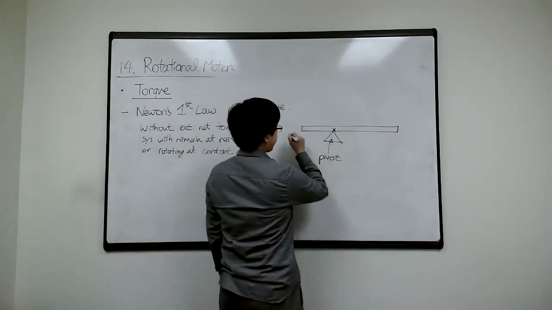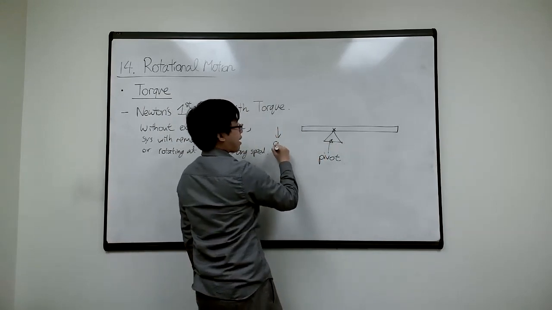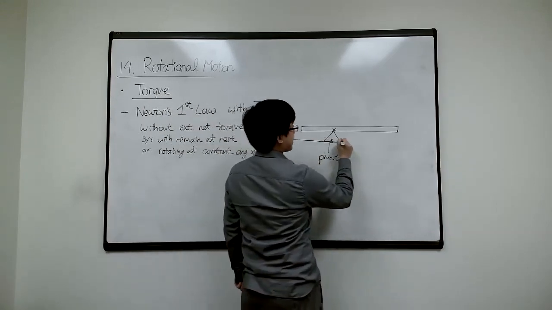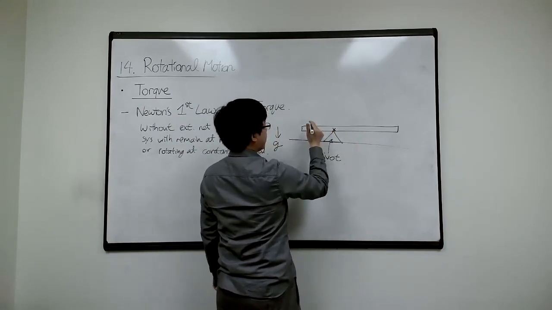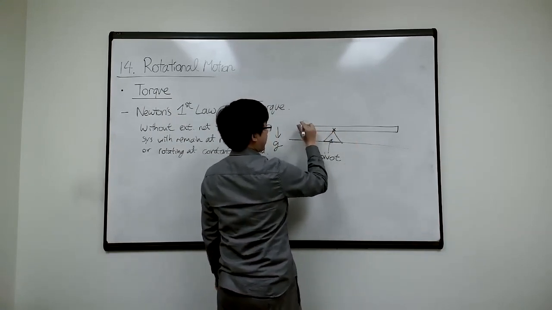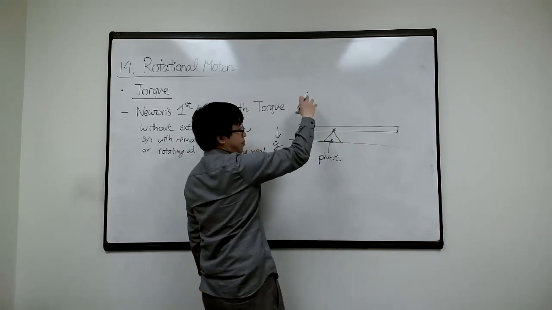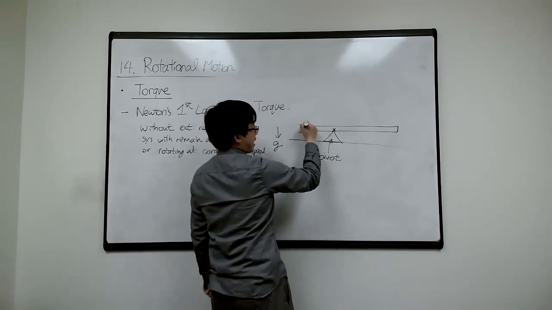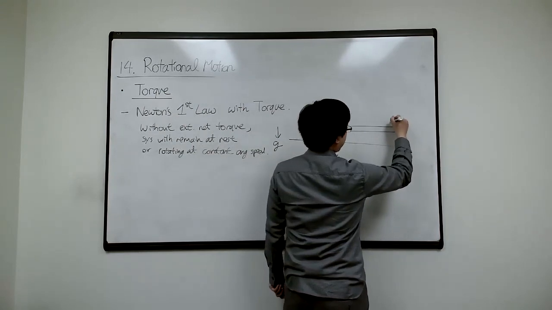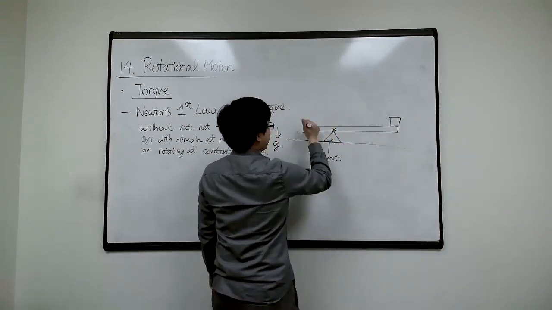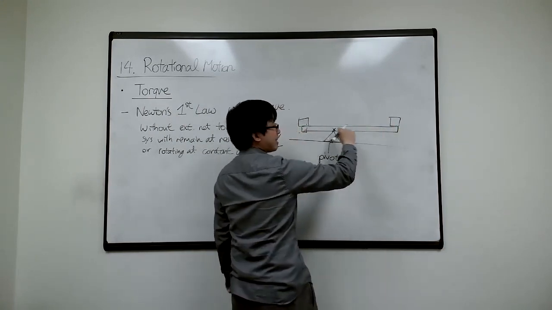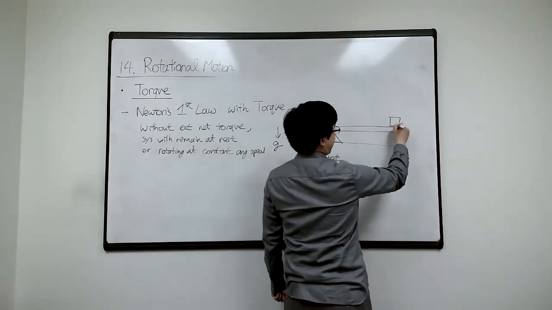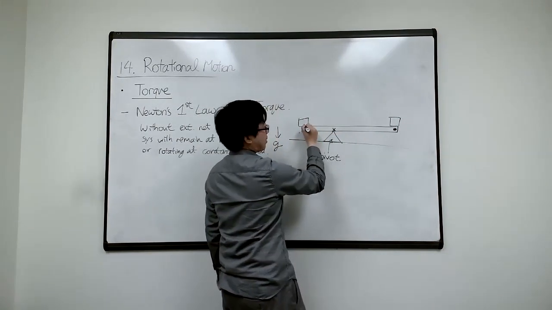This is on Earth, so there is going to be gravity. I'm going to put two masses on here. Technically you can put the mass only on top, but we'll assume that the seesaw plank is thin enough that the mass is basically applying force as if I'm attaching it on here.